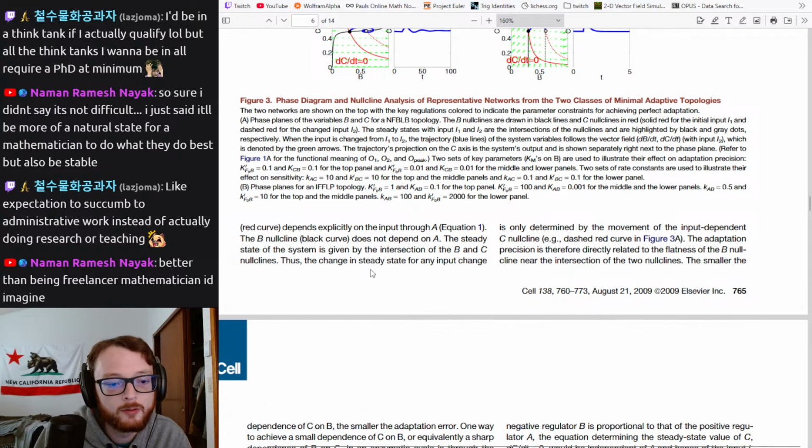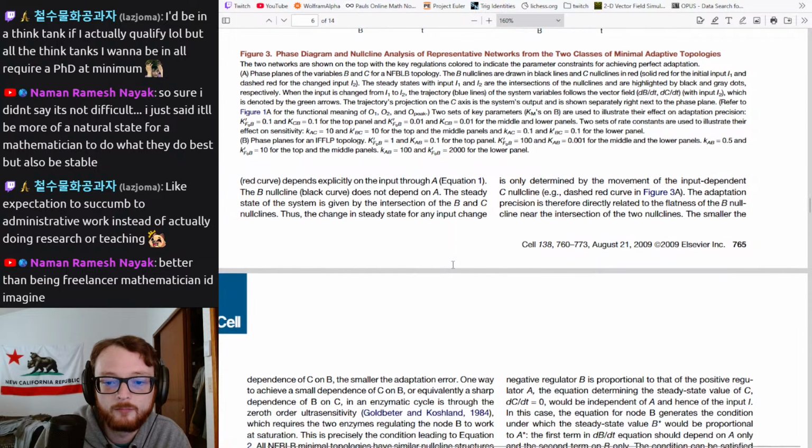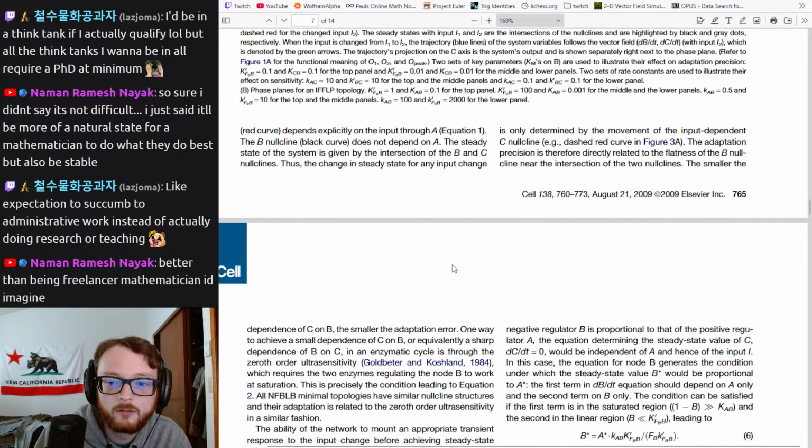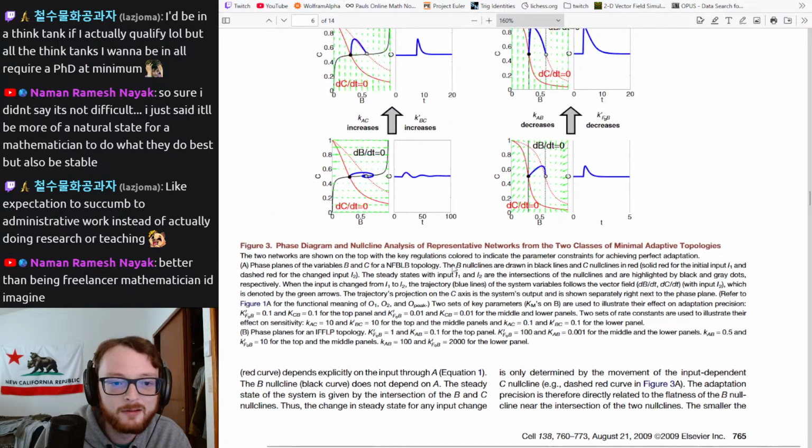Sure. Thus, this change in steady state for an input change is only determined by the movement of the input-dependent C null cline. Huh.